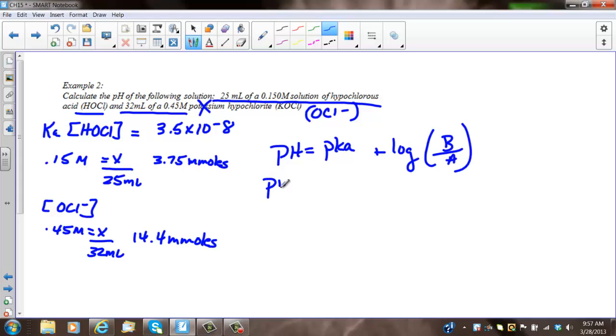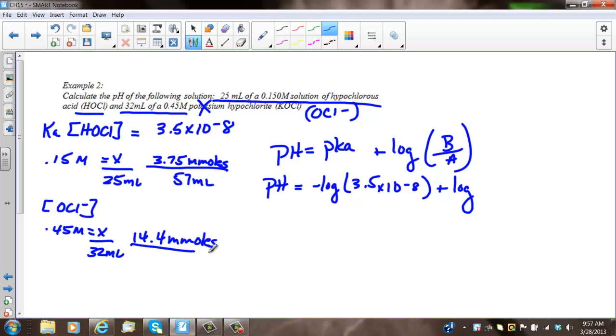So pH equals the negative log of 3.5 times 10 to the minus 8 plus the log of my concentrations, which would be over total volume. So if I were actually figuring this out, this would be 3.75 moles over 57 milliliters, and this would be 14.4 moles over 57 milliliters.